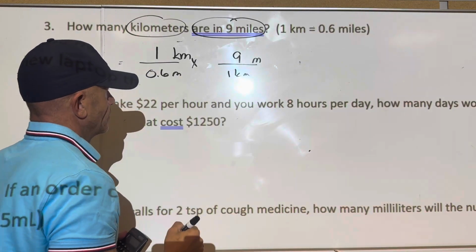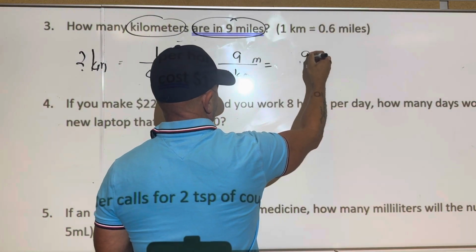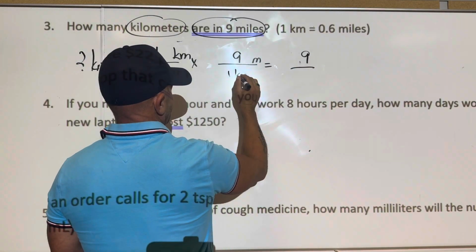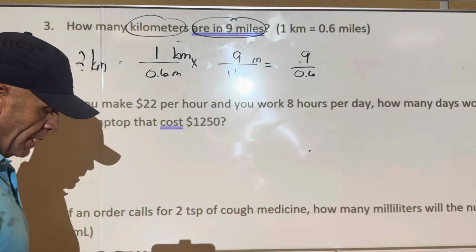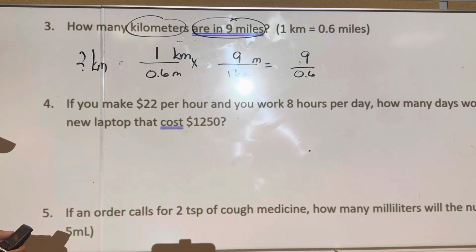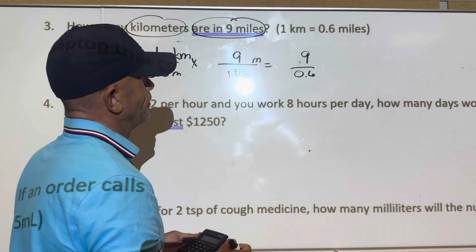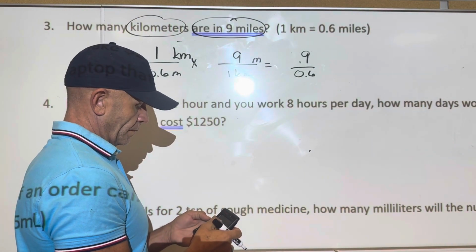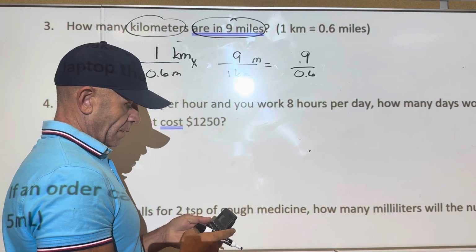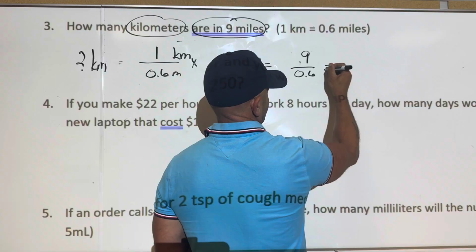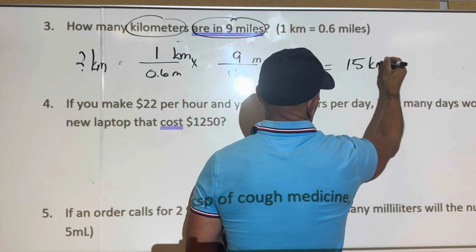So then we just multiply across. 9 over 0.6, because 0.6 times 1 is 0.6. We take that 9 divided by 0.6, and that gives us 15. So we have 15 kilometers.